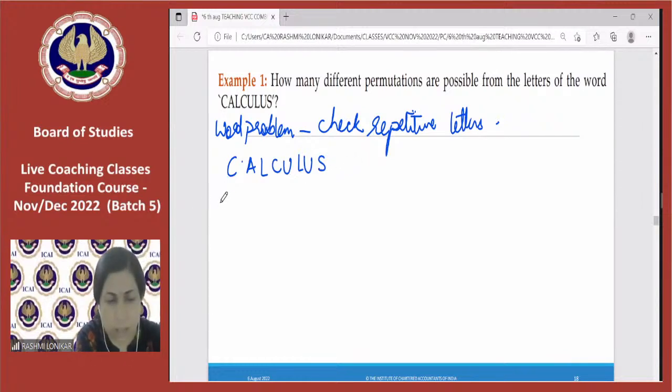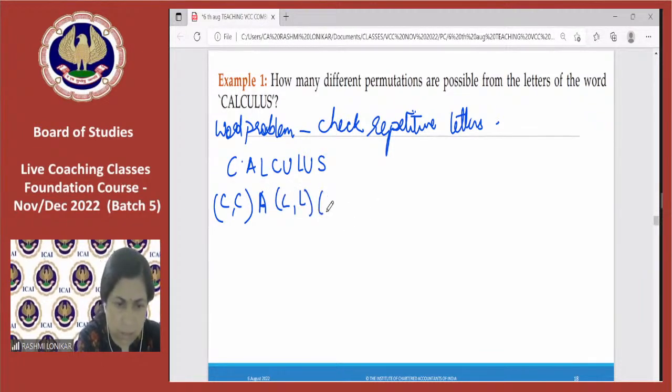I can write this as C, A, L, L, U and S. 1, 2, 3, 4, 5, 6, 7, 8. So these are the different permutations and combinations for this.